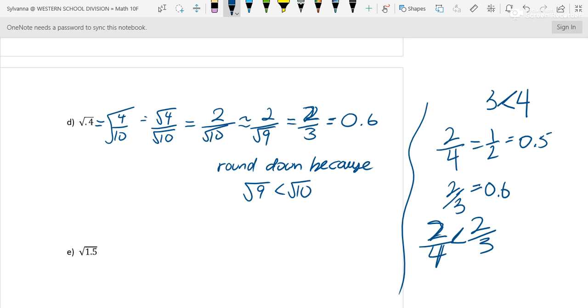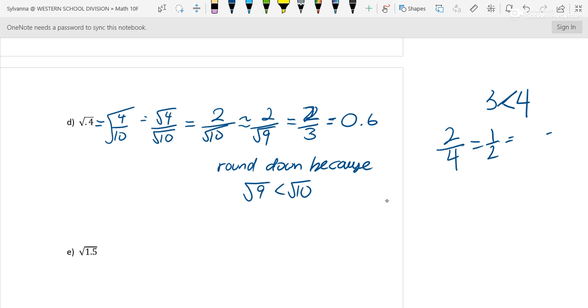So same sort of scenario, if I put 2 over root 9, I'm going to get a larger number than if I had 2 over root 10. But what I really wanted was 2 over root 10. So that's why I want to round down, because I know that when I made my approximation, I made a larger number than what I'm supposed to. So that's just an explanation of why we want to round down.